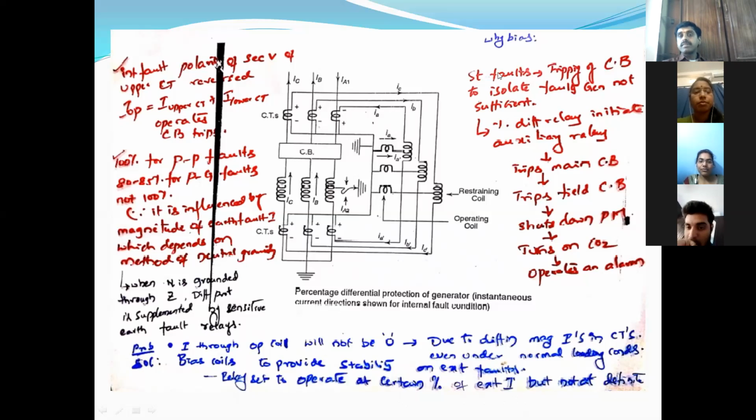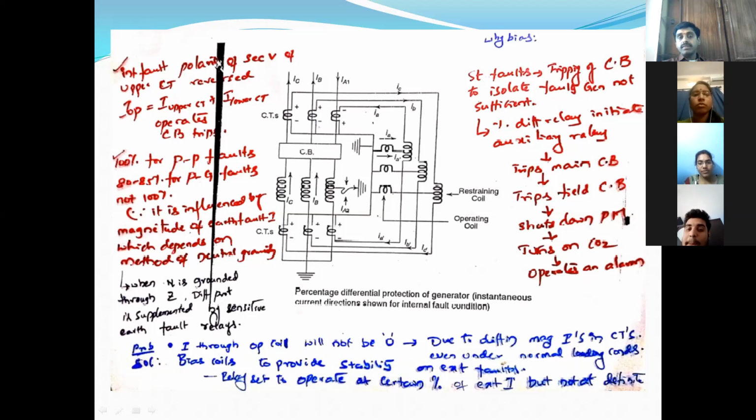So why bias for stator faults? When there are stator faults, tripping the circuit breaker to isolate the faulty generator is not sufficient. Why? Even if you disconnect the generator, the field circuit is already with excitation.